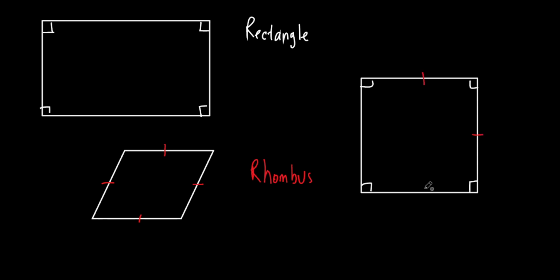So a square is a rectangle. Would you agree? Why? Because it's a 4-sided figure with 4 right angles, and that's what a rectangle is. Agreed? A square is also a rhombus. Why? Because it's a 4-sided figure with all 4 sides equaling each other. Okay? So this combination of the two is considered to be a square. All 3 of those are what? What's the big thing?